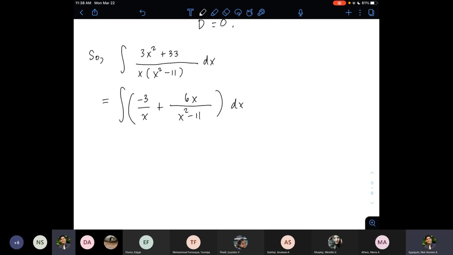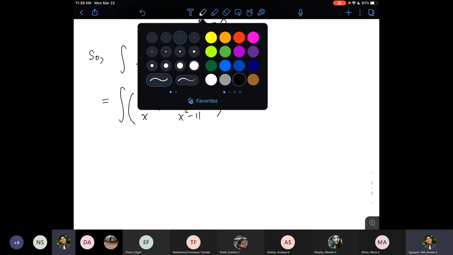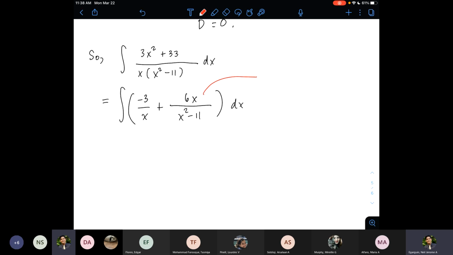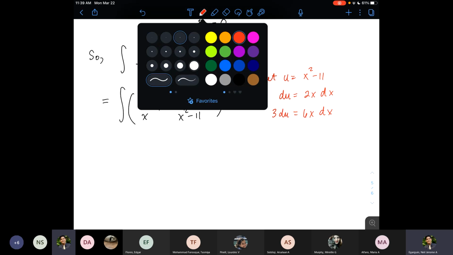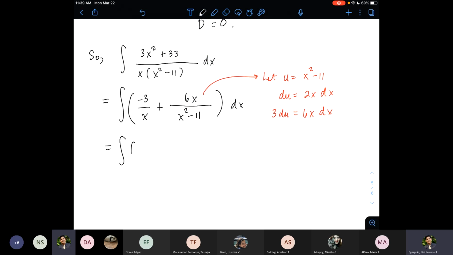Okay, so now we can integrate this, I think. For the second term here, I guess we need a u-sub. Let u equal x squared minus 11. Then du is 2x dx, or 6x dx is, multiplying 3 to both sides, 3 du.